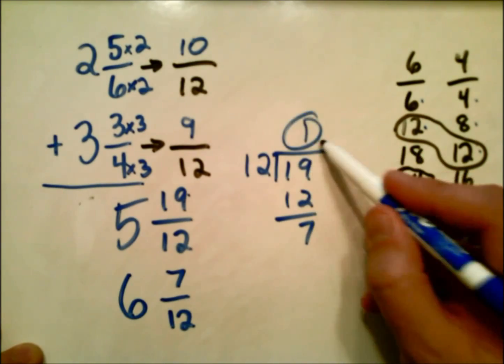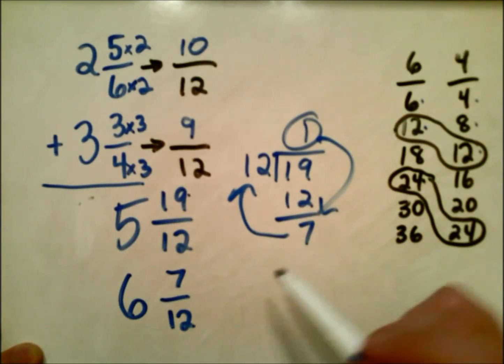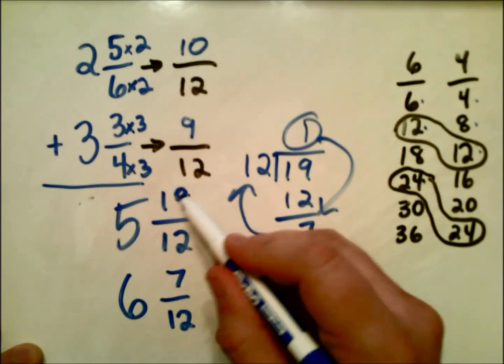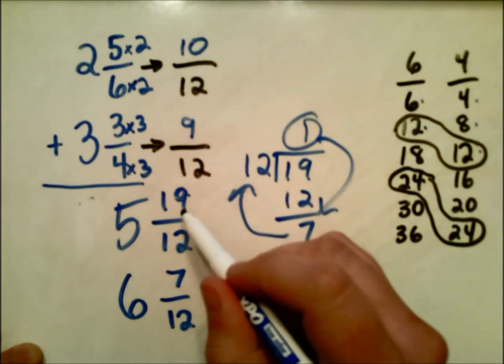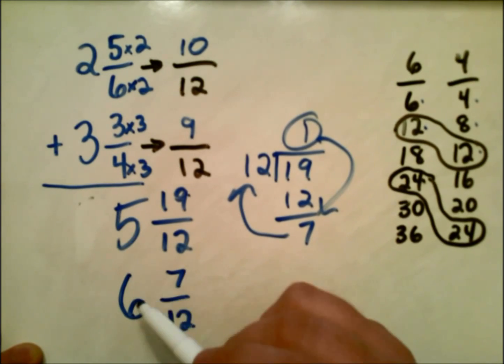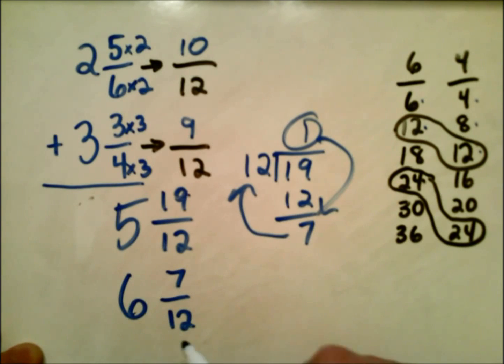That 1 goes over here, and we're left with the 1 and 7 twelfths added to the 5, making it 6 and 7 twelfths, our final answer.